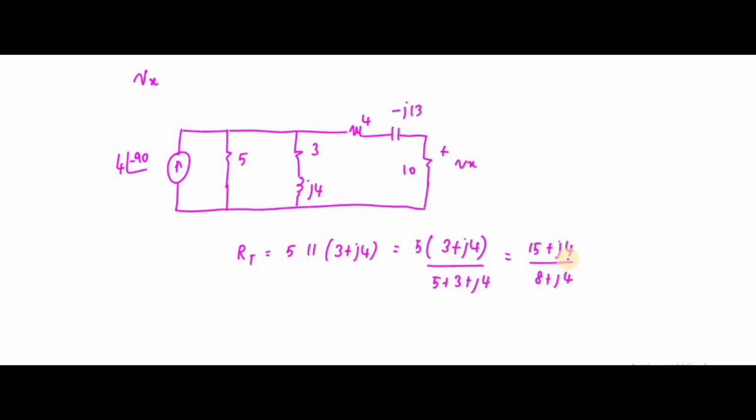So I can convert this into polar form using a calculator. Sorry, this is 20 plus J4. Using a calculator, if I convert, I will get 20.25 angle 53.13 degrees, divided by 8.94 angle 26.56. So these two I can divide.